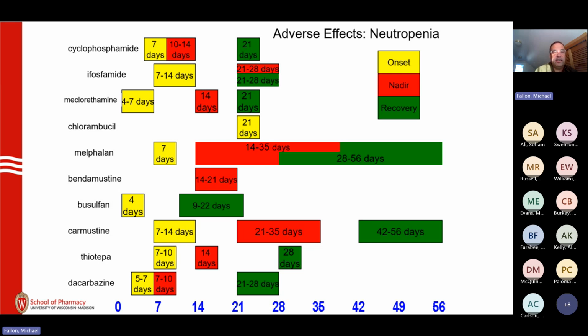Melphalan is largely used in the bone marrow transplant setting. And the effects of this neutropenia are why. So melphalan doesn't necessarily deplete immune cells like fludarabine or cyclophosphamide would.